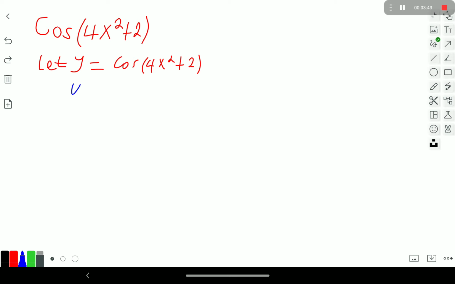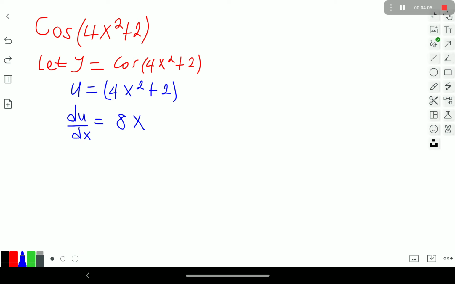We say u is equal to 4x squared plus 2. At this point we also do what we did in the previous one, that du/dx is the same as the derivative of this, which is equivalent to 8x.